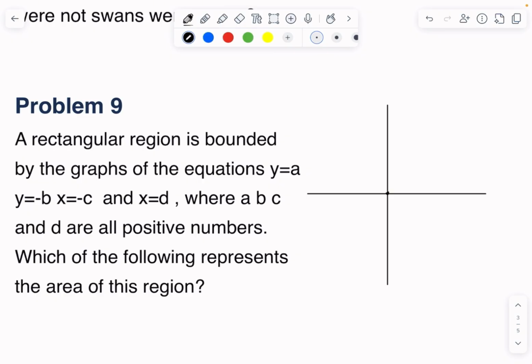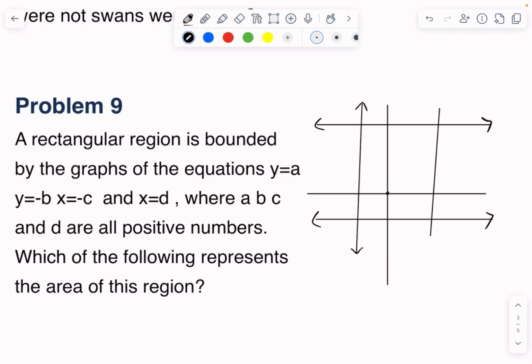Now let's draw these lines. y = a, y is the height, so some a, this line goes on forever. And y = -b, so let's say it's like here. This line goes on forever. x = -c, this line's here, goes on forever. And x = d, this line is here, goes on forever.